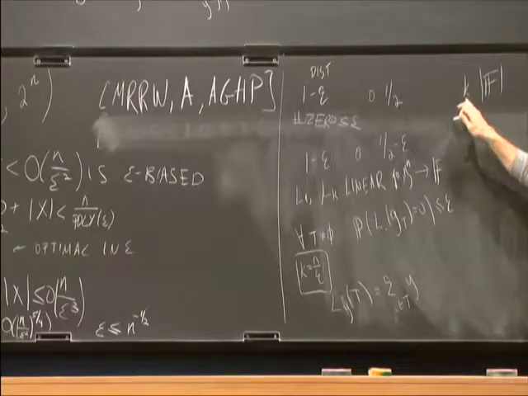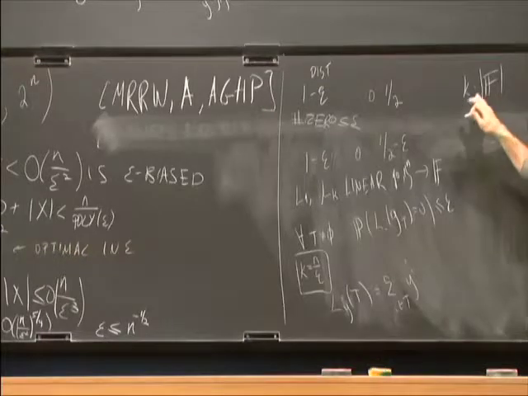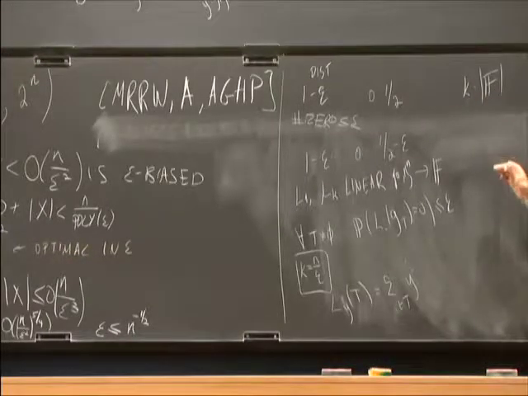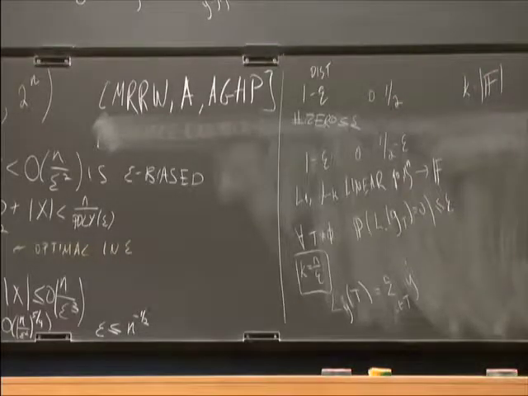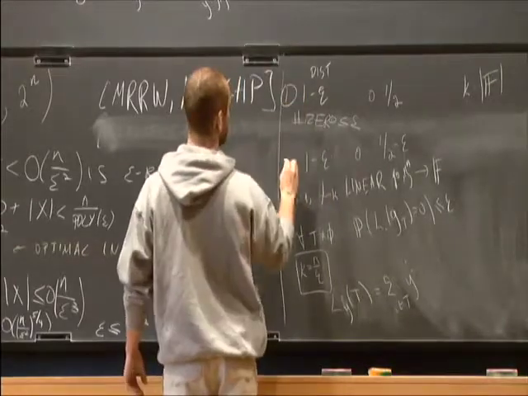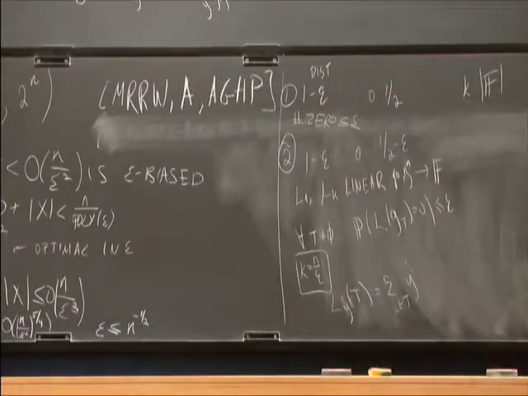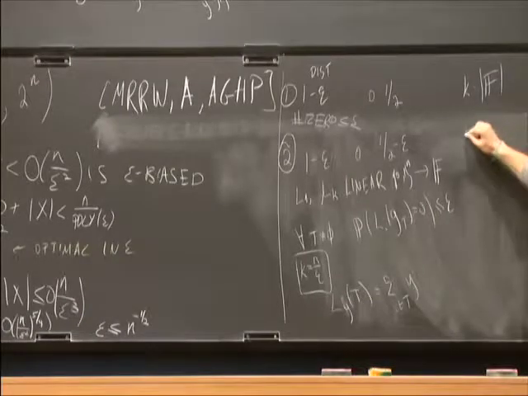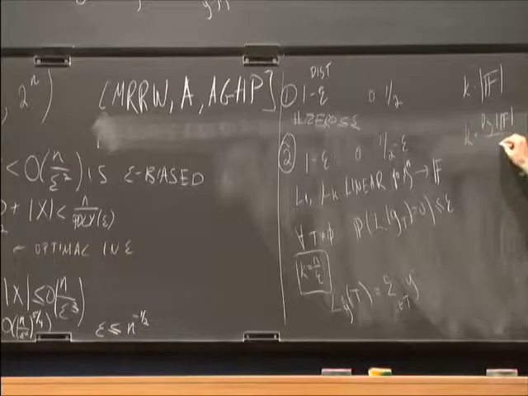So we take a linear map and then we multiply by a random field element. So this is the size of the construction in the first case. And here we got K times log the size of F over epsilon squared.